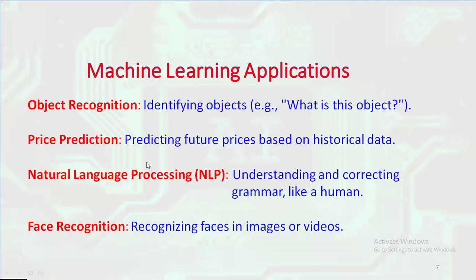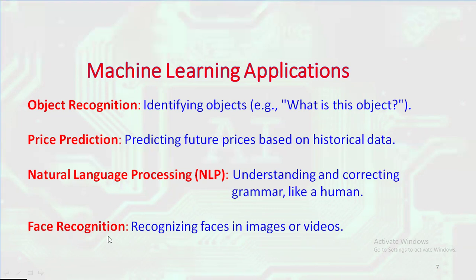In price prediction applications, machine learning models analyze historical data like sales trends, seasons, or market behavior to predict future prices. This is widely used in finance, real estate, and e-commerce platforms. Natural language processing, NLP, helps machines understand, interpret, and generate human language. It allows applications like chatbots, grammar correction tools, and voice assistants to communicate in human like ways.